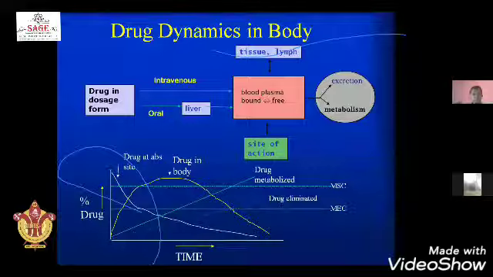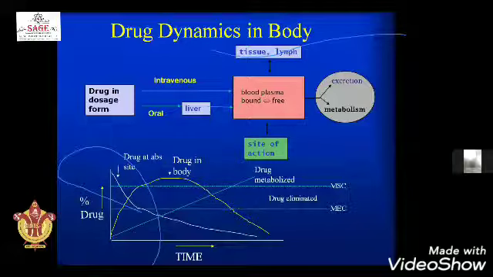When we administer a suitable dose in a suitable dosage form to the body through the appropriate route of administration, whether it is intravenous or oral, first of all it will reach the blood or plasma, right? So the drug will get absorbed if it is not through the intravenous route.